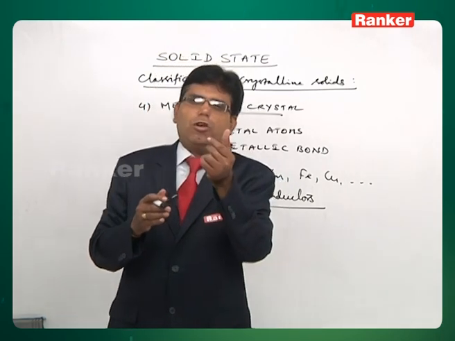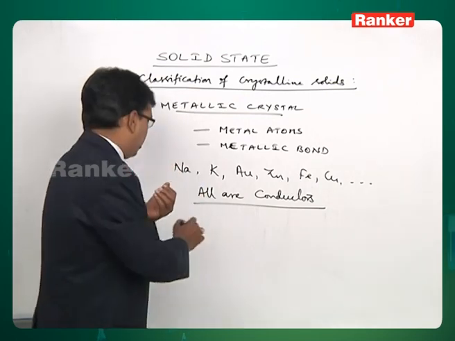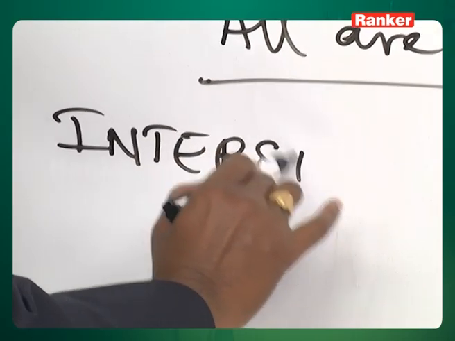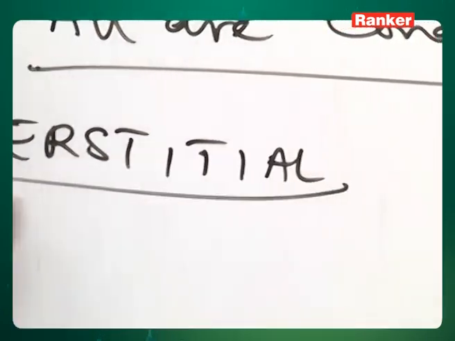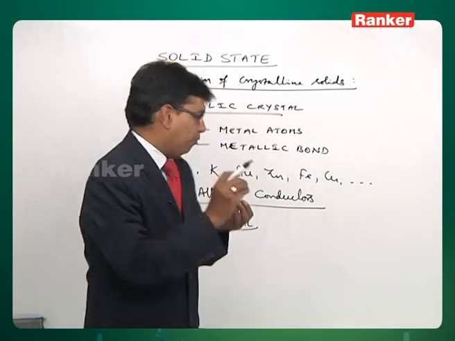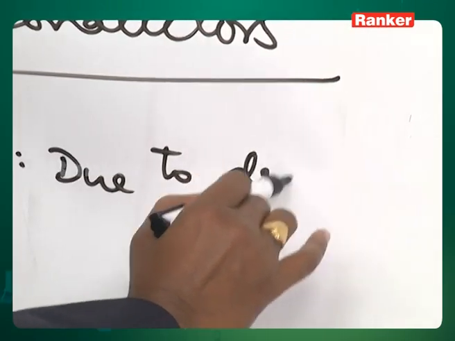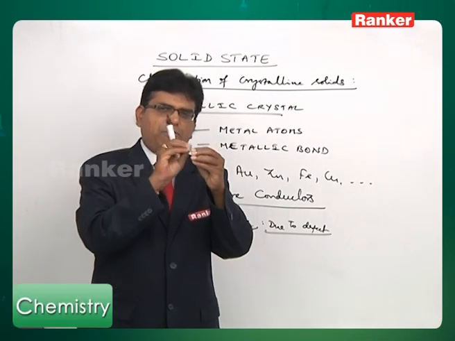The interstitial solids, of course, are not necessary to be considered as separate, because interstitial solids are formed due to a defect in the crystal. Sometimes in the vacant spaces some foreign atom will get embedded.